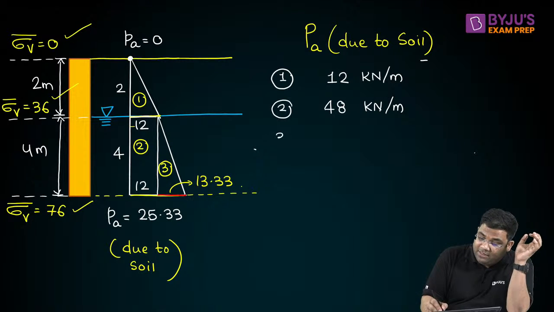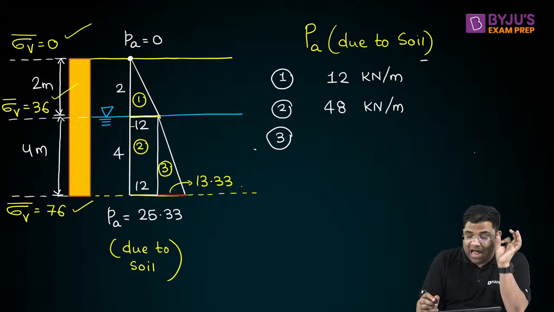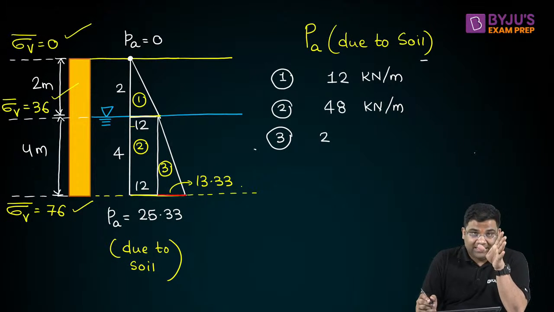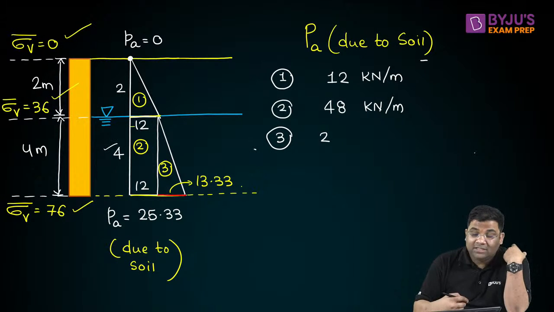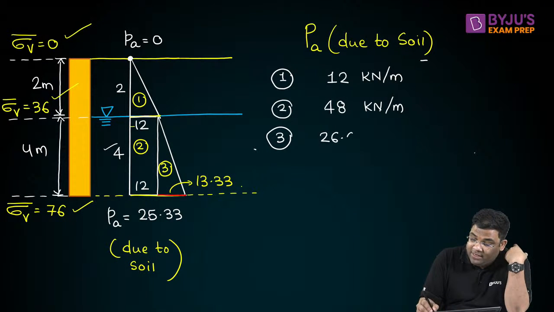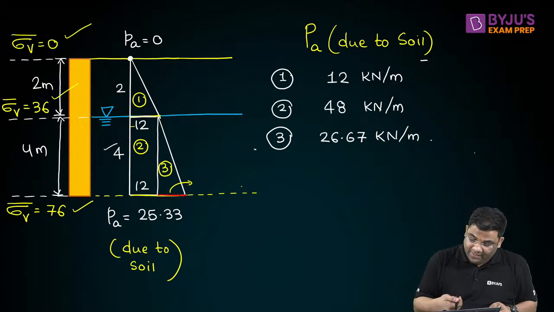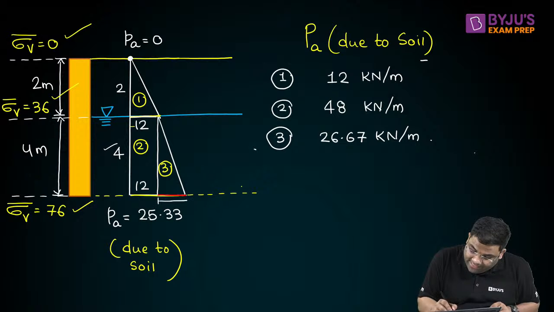The third one is again a triangle. So half base into height. Base is 13.33, height is 4 meter. So 26.67 kilonewton per meter. Very easy. So you got your three areas.